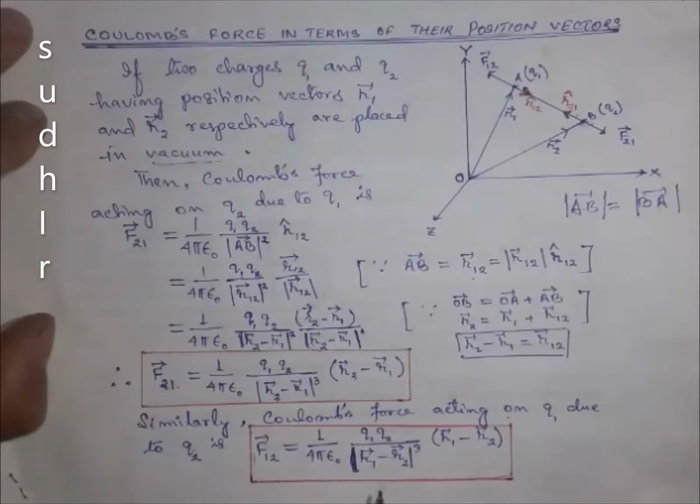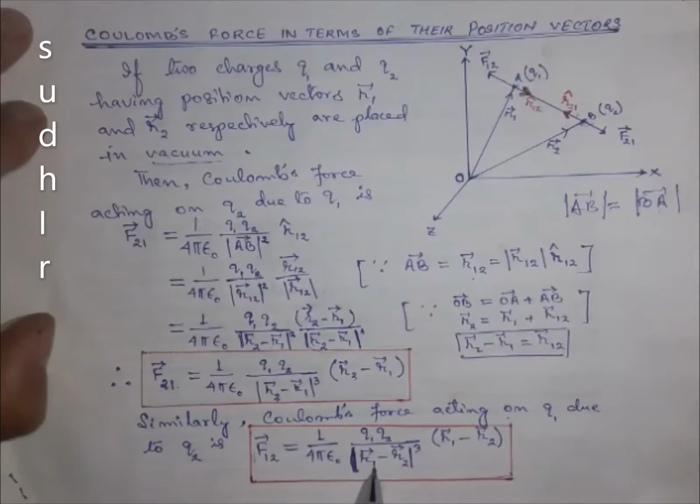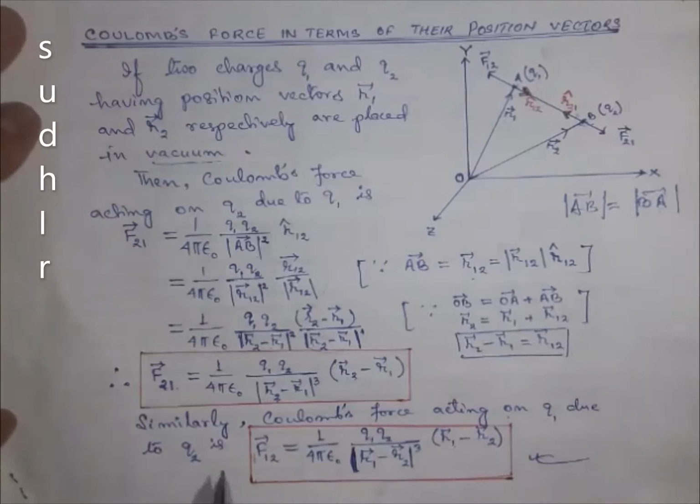And here within the modulus R1, as it is starting from 1 to 2, it will start from R1 vector to R2 vector, like that cube, and within the bracket you can write R12 vector like that. So similarly, we can simply write in that way.